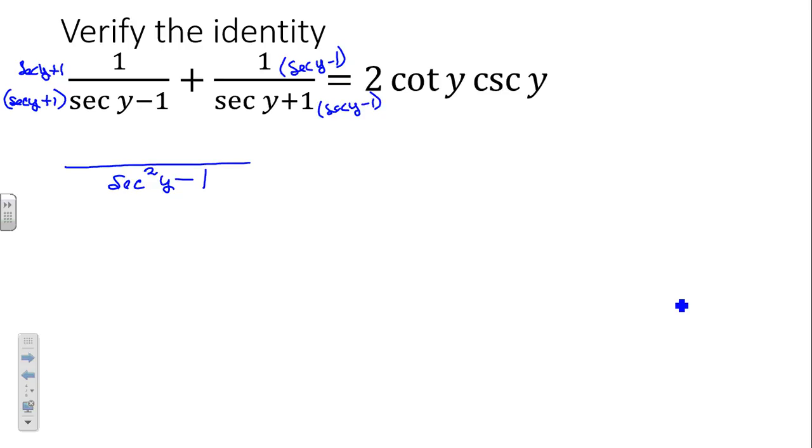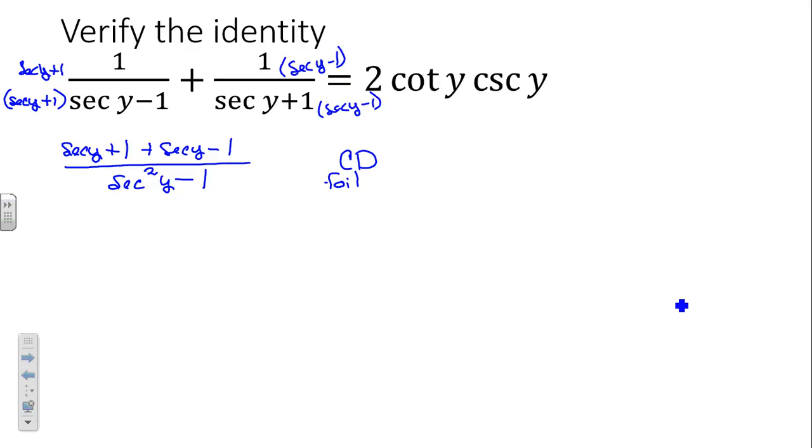Okay, and on top, by getting this common denominator, we'll have a secant of y plus 1 plus a secant of y minus 1. So we get a common denominator, and then we also FOILed this out. We simplified the denominator.